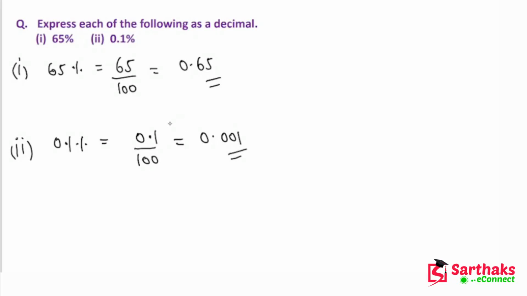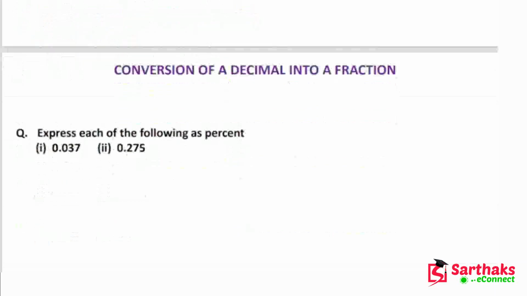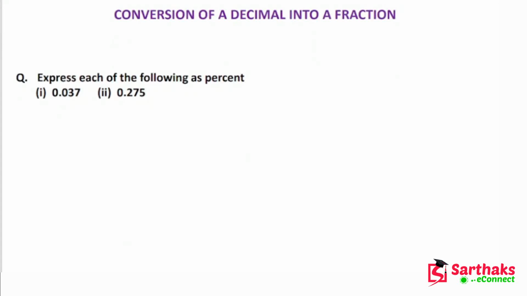Okay, so now let us talk about how to convert a decimal into a percent. We already know how to convert a decimal into a fraction. We just remove the decimal point and add as many zeros in the denominator as there are decimal places, and you just have to identify 1 upon 100 because you have to write it.